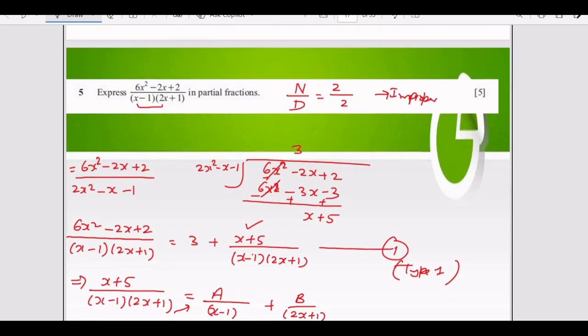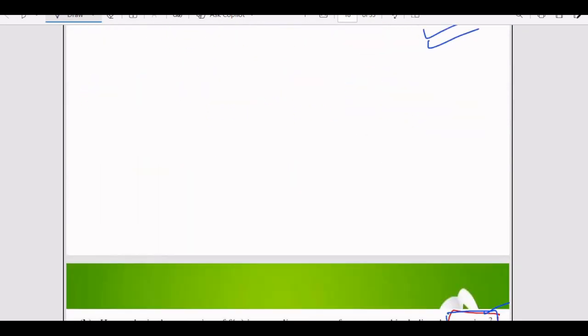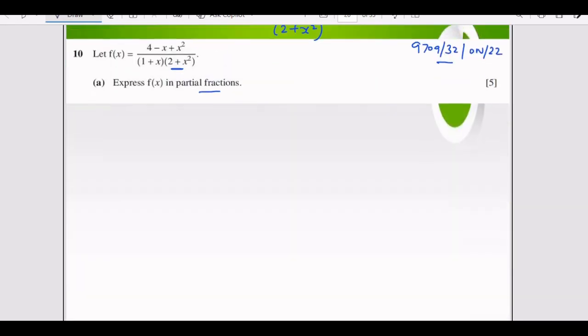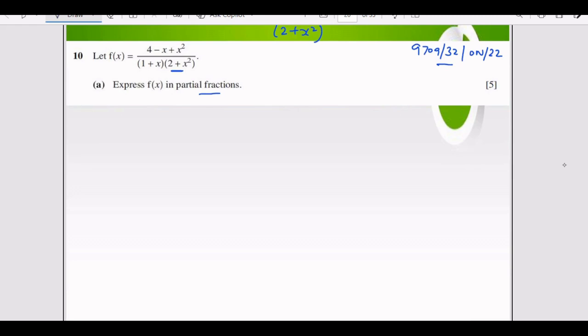So let's do that by splitting this. So f(x) is going to become a over first expression, and then bx plus c over the second quadratic expression, like this, right?